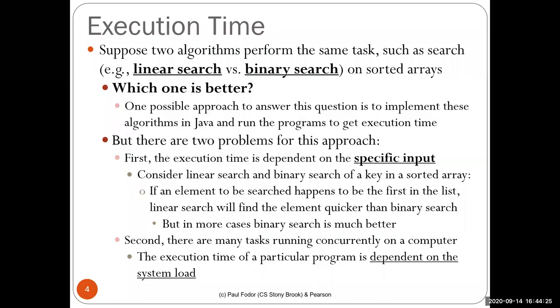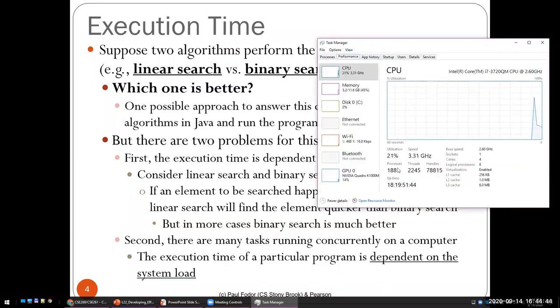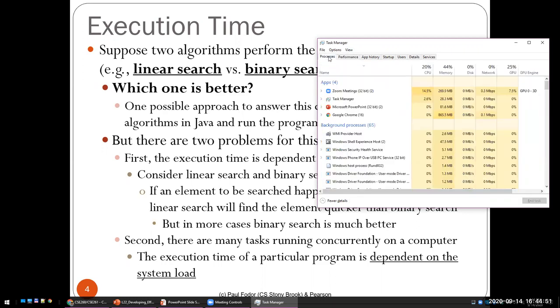The second issue of running the program and just measuring the time is that there are many different tasks that run concurrently on a computer. You also have multiple threads or multiple cores. For instance, if you look in Task Manager, you have a number of cores on your computer, and if there are many programs that run in parallel, for two different runs you will get comparatively different times.